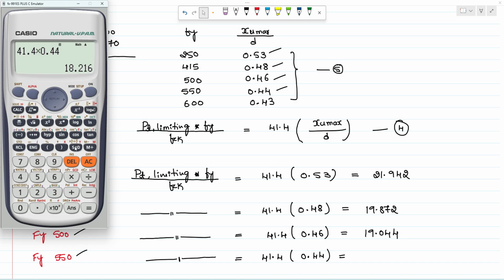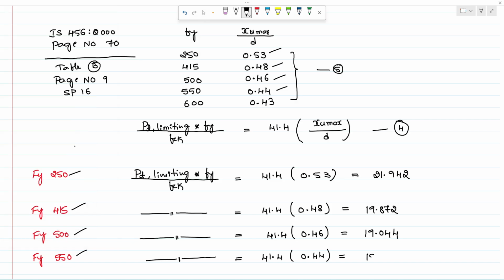So it is 18.216. Okay. We have evaluated the limiting reinforcement index for various grades of steel.